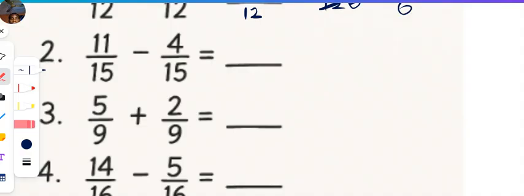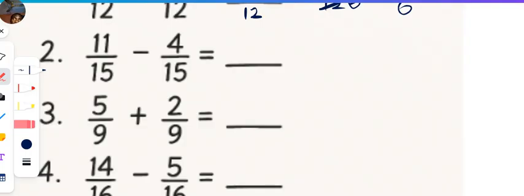So what can you see here about their denominators? Anytime you have a question like this on addition or subtraction of fractions, the first thing that you need to always check is their denominators. Check, are they the same or different?